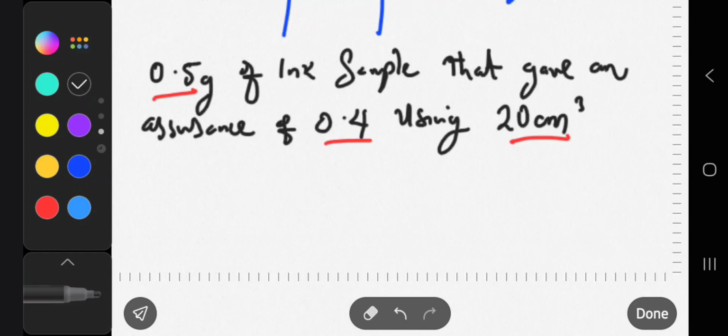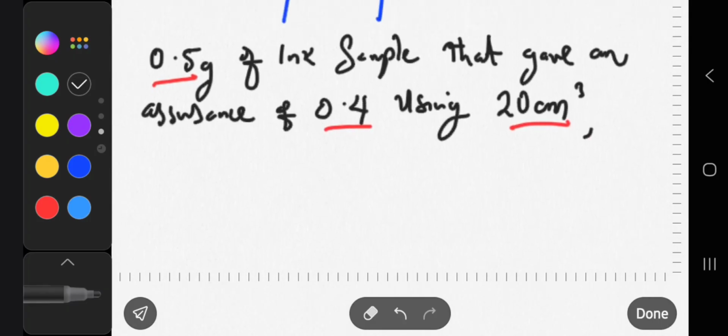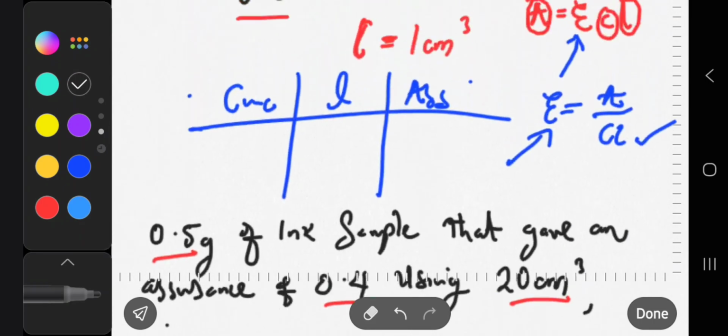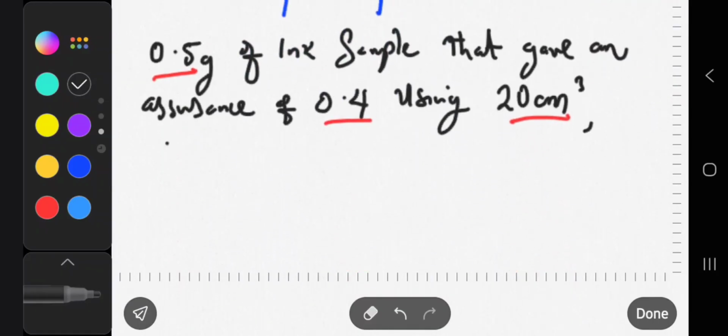And then you are told that, after you've plotted the graph, maybe you knew the concentration, or the concentration was given.